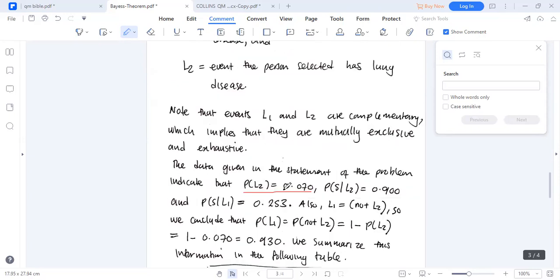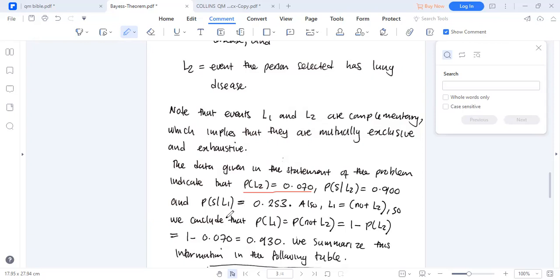Okay, in short. So we have the probability of a lung disease 7%, which is 0.07. So the probability that this person who has a lung disease is a smoker is 90%. So this is a condition. So a smoker coming from the person who has a lung disease is 90%. So the person who has no lung disease, therefore, will be 93%.